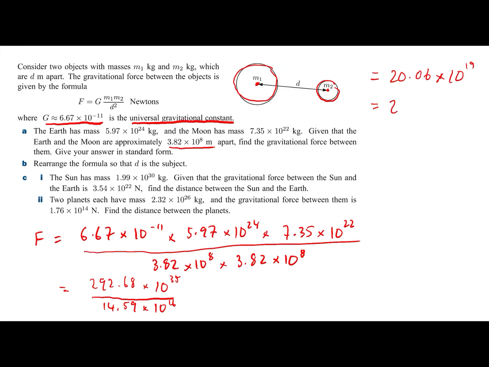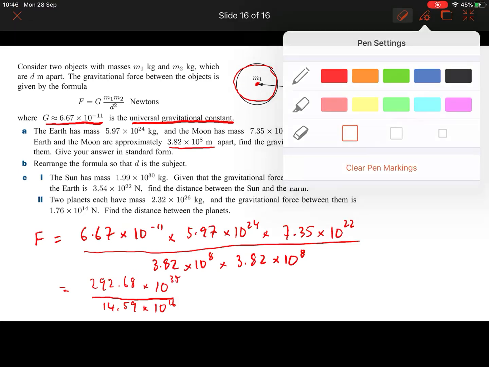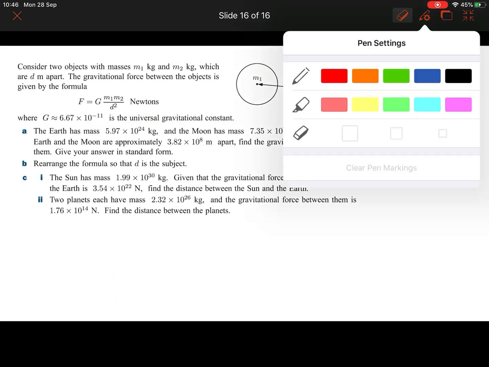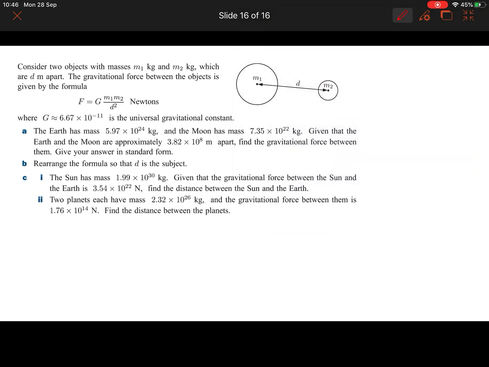Now you'll notice that's not standard form. So it should actually be, I think it's going to be about 2 times 10 to the 18. Okay, so that's the gravitational force between the Earth and the Moon. So a little bit of reminder about standard form there.